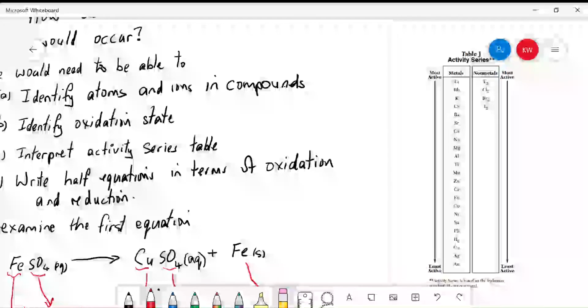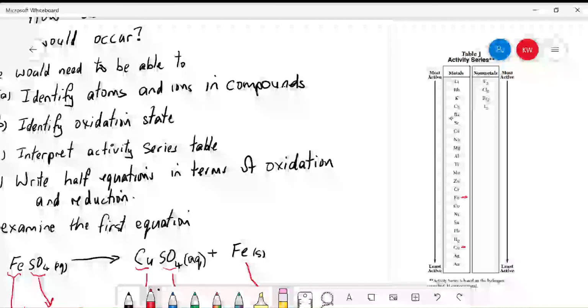So let's locate our iron and our copper. So these are the two we have. Iron is found here, and copper is found here. So they are significantly far apart.